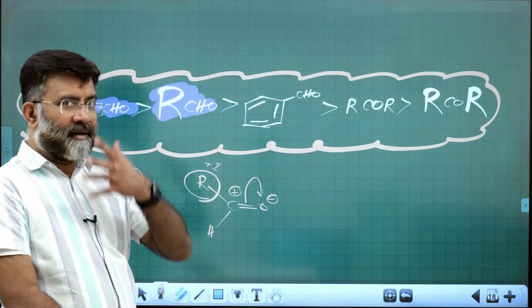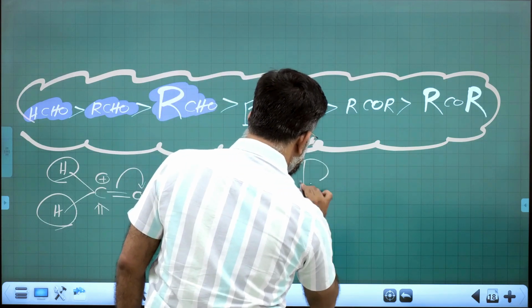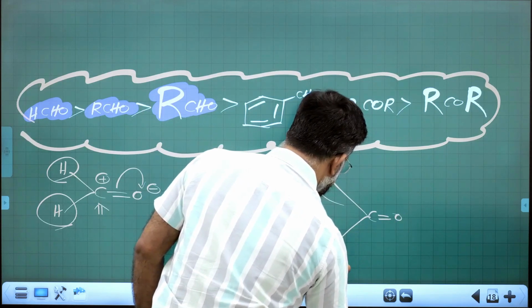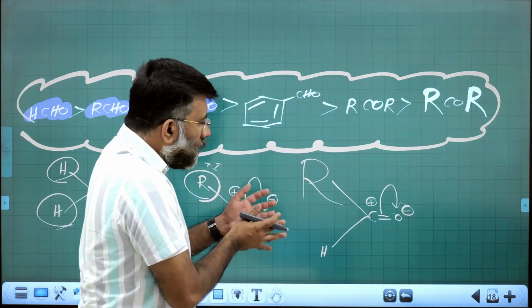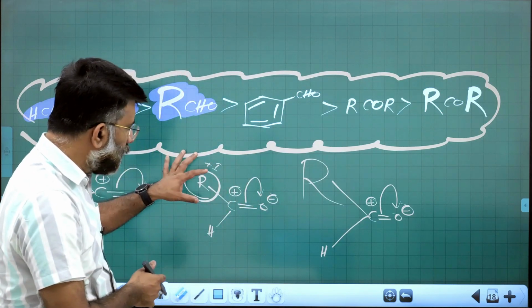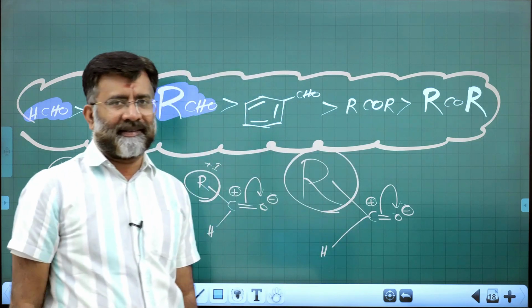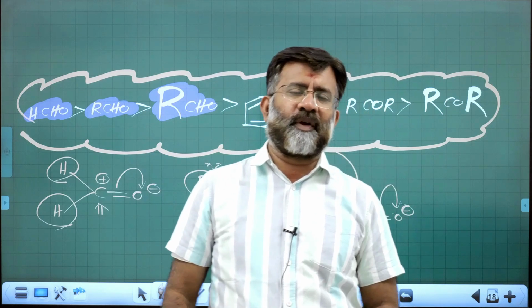What about a bigger alkyl group? This is polarizing as minus and plus. It's not about the inductive effect, since both have inductive effect. Here the point is steric reasons. Since it is a bulky group, there will be a hindrance for the nucleophile to come and attack.